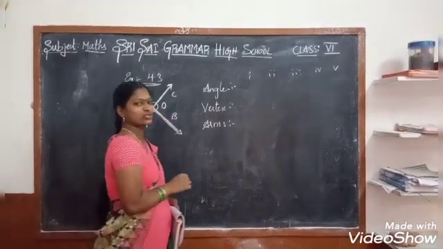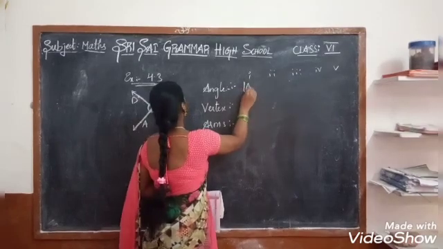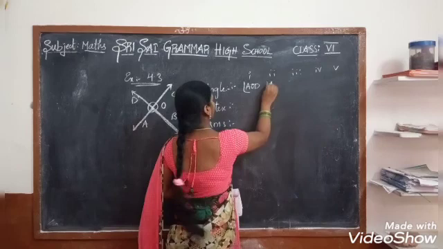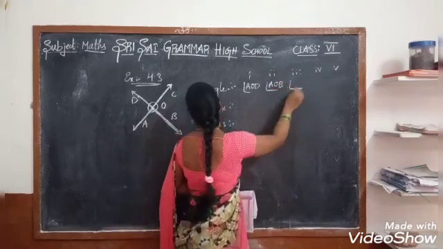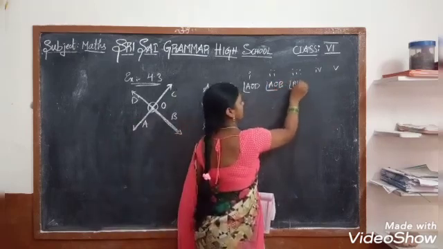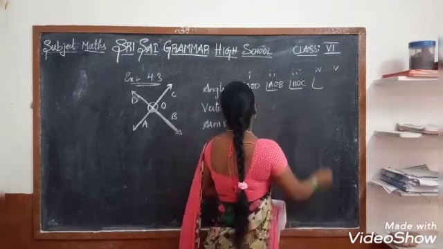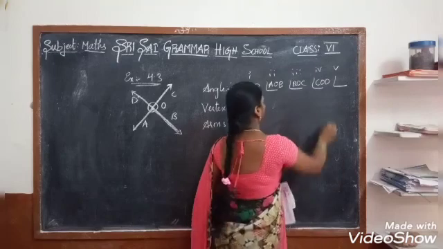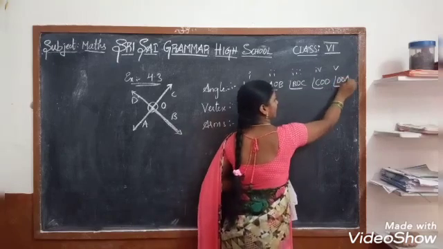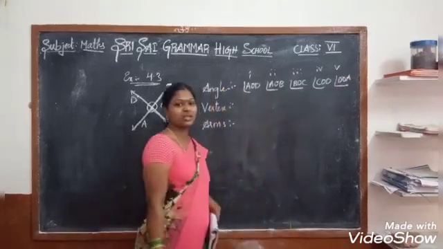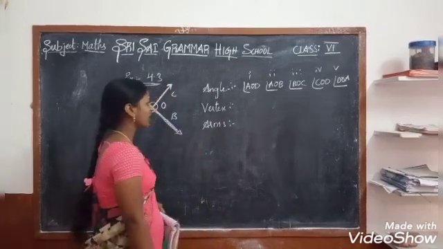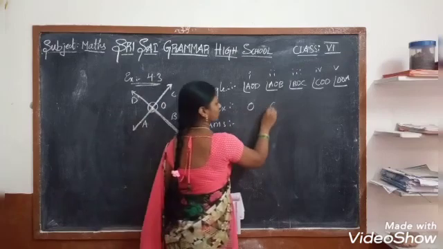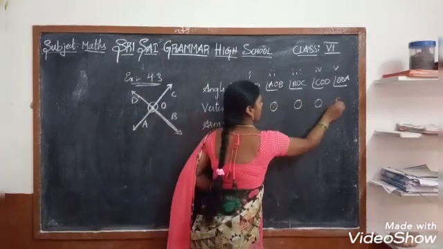Now we have to show: angle AOD, angle AOB, angle BOC, angle COD, angle DOA. Yes. Now the vertex is the same for all. Yes, vertex O is the same for all.